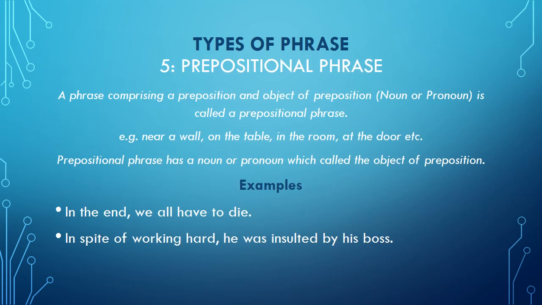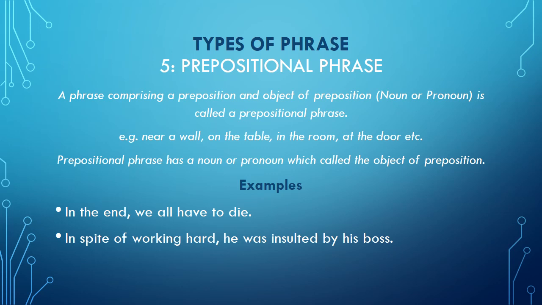The next type is the prepositional phrase. It is defined as a phrase comprising a preposition and the object of the preposition, a noun or pronoun. A prepositional phrase always begins with a preposition and connects a noun, adjective, or an adverb.